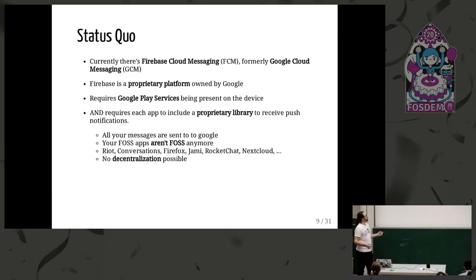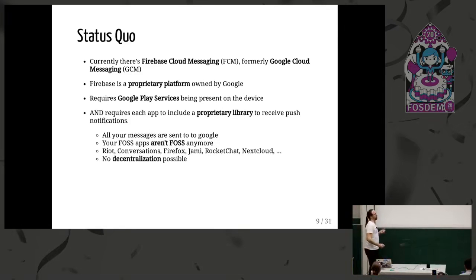Well, that means all your push messages are sent through Google's service. Your FOSS apps aren't actually FOSS anymore. That includes Briar, Conversations, Firefox, Jami, Nextcloud, RocketChat, if you get them from the Google Play Store.